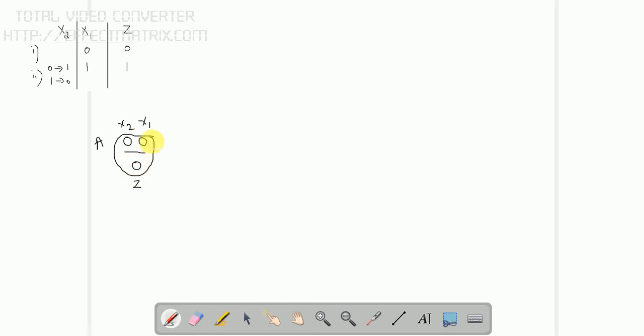Now I am going to divide this A state into two states. First, I am taking x2 as 0, x1 as 0. I am going to change the second input and fix the first input. That is, x2 is fixed here and x1 is changed.